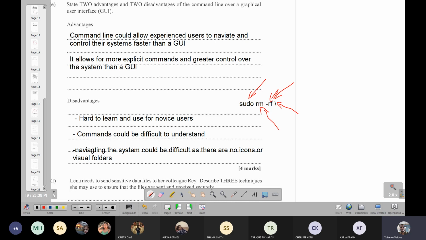And you say no, I want it removed, and you put the force flag, then it doesn't care, especially when you have sudo permission. It means this is the highest level of permission: I will do what you say, and you will live with the consequences after.